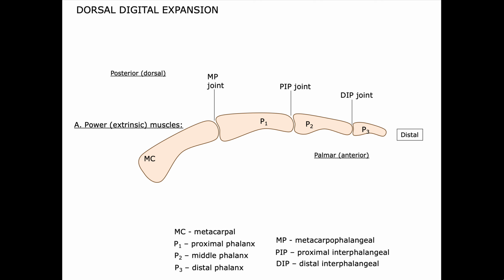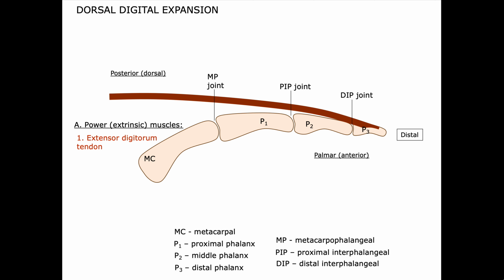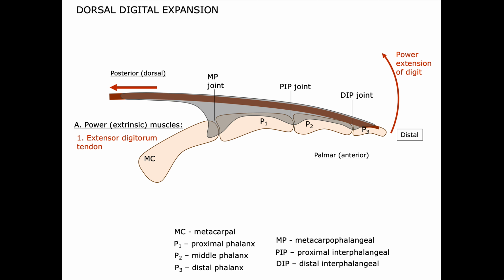So now the power, as we have already discussed, is dependent on the extrinsic muscles, and this extrinsic muscle we have already discussed. This is one of the extensor digitorum. What is its job? When there is a contraction of my extensor digitorum, my hand goes from a fist position to open, and then this tendon is stabilized by the dorsal digital expansion.